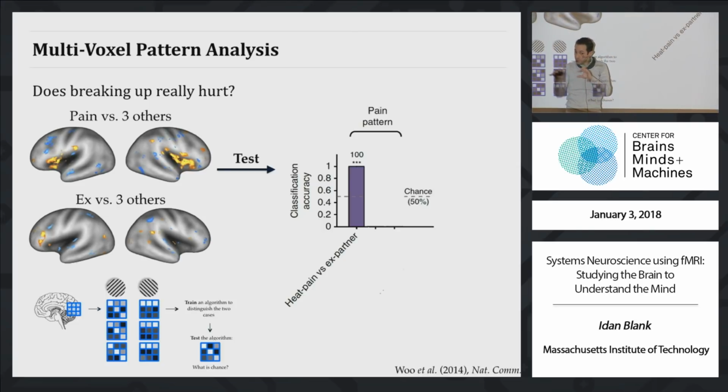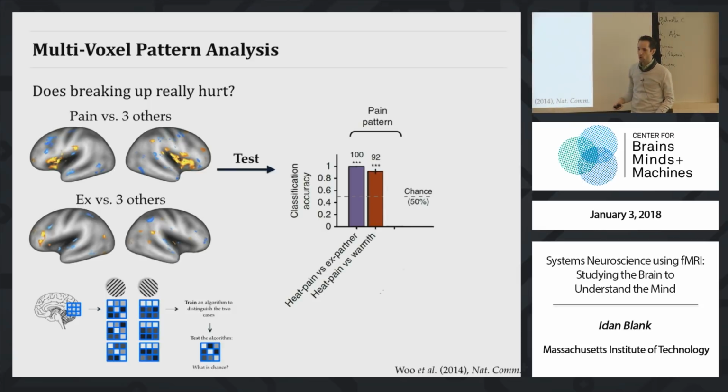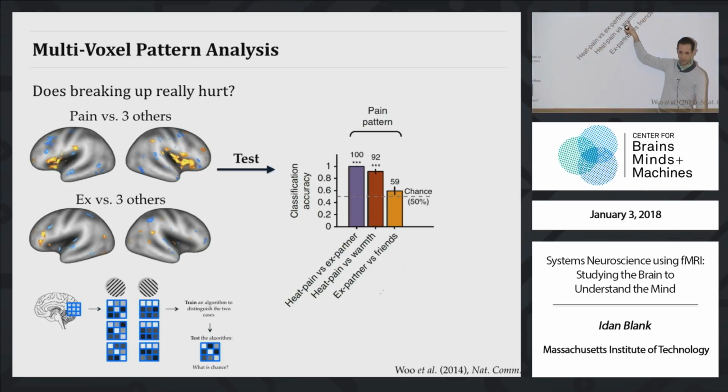But what if we just look at pain versus X? Can we do this? We can do this very well. And then they ask, can we do pain versus warmth? We can do it very well. And now the critical thing. Can we do ex-partner versus friend in that region? We can't. So if you look at that region that distinguishes between pain and warmth, you can't tell apart ex-partner from friend.